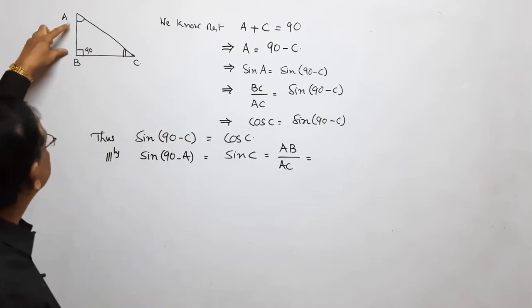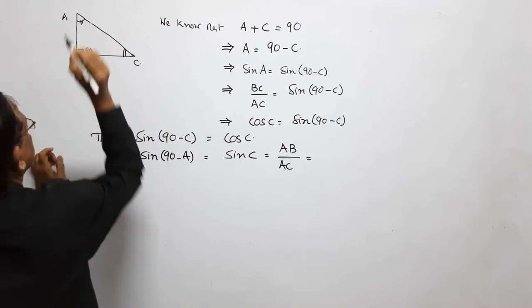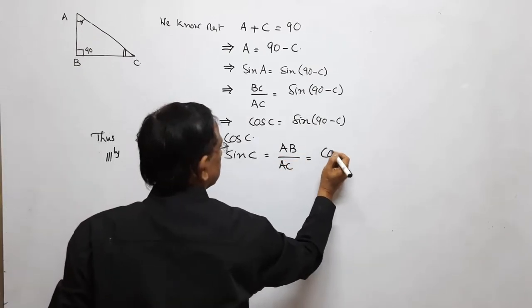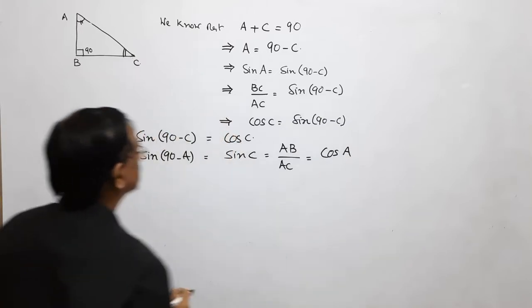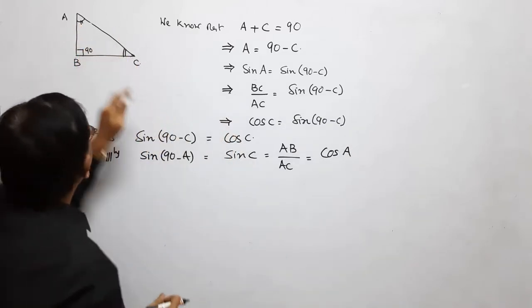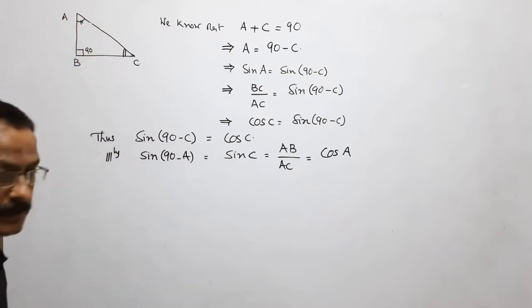Now AB by AC I will see in terms of A. What is this? This is cos A. Cos A is the adjacent side by the hypotenuse.